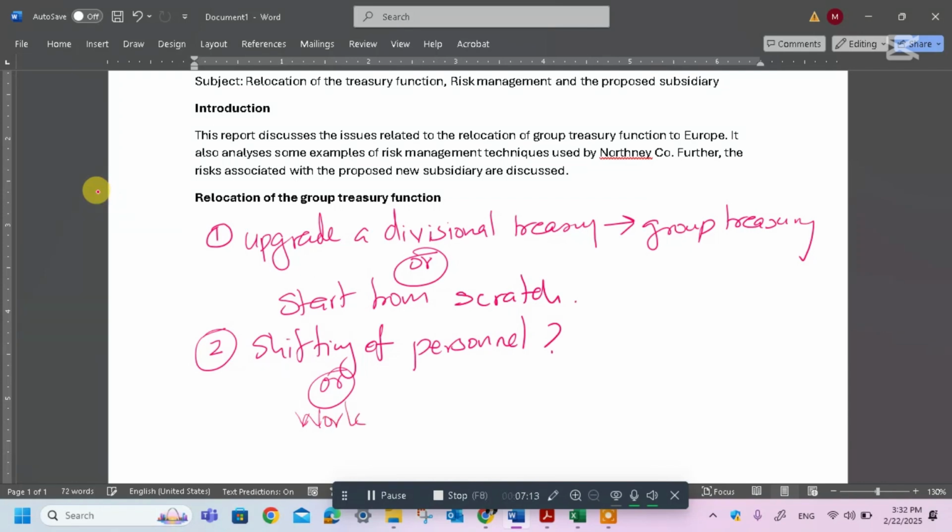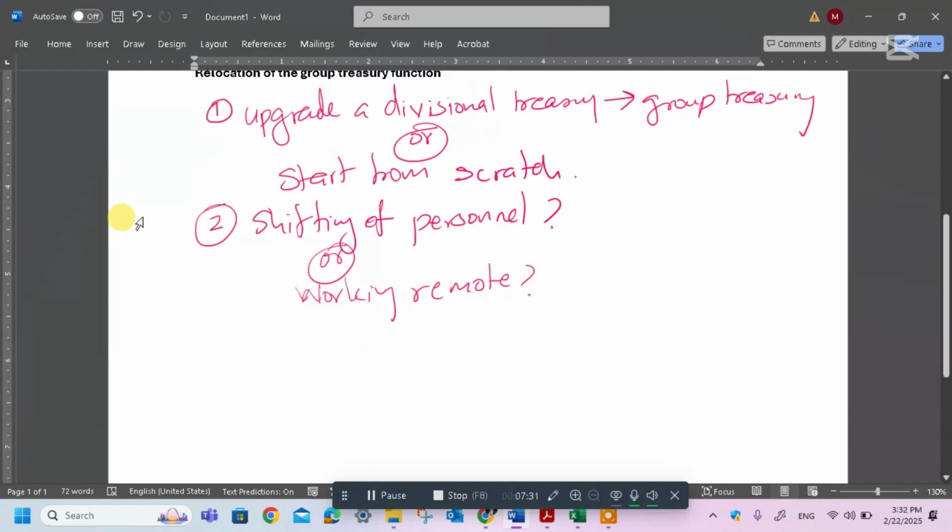Because now they say all the staff are working from office. So once you shift the group treasury to another country, are you going to shift these people there, or are you going to start working remote? If it is working remote, how far it will be feasible, whether the company has experience in doing that, we need to check. Second point.